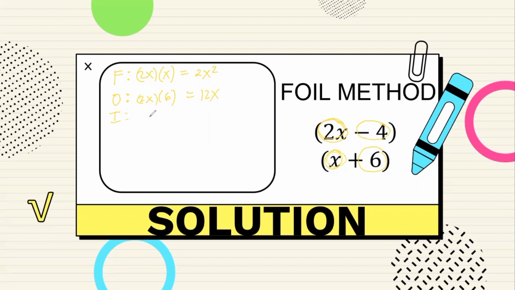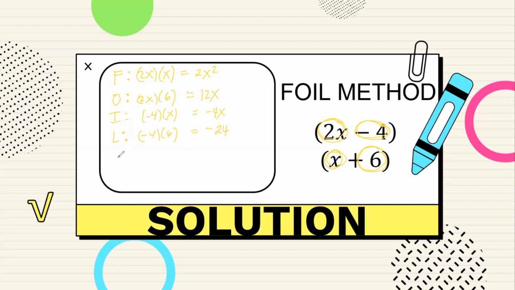So, negative 4 times x is now equal to negative 4x. Okay? And then, the product of the last terms. Last terms, we have negative 4, yun yung last term ng first expression, and yung second expression is positive 6. So, negative 4 times positive 6 is now equal to negative 24.